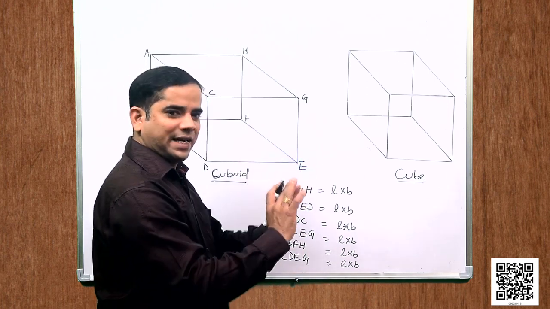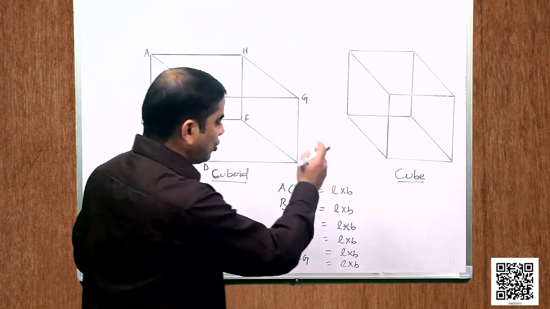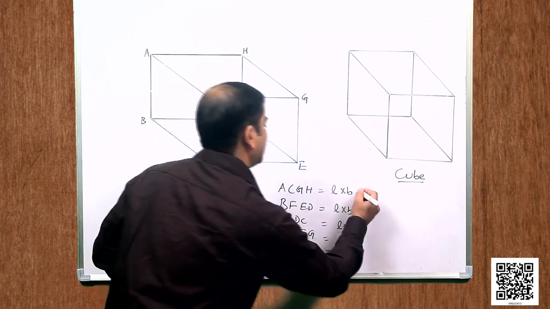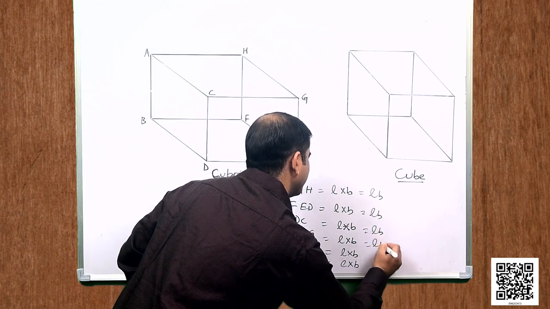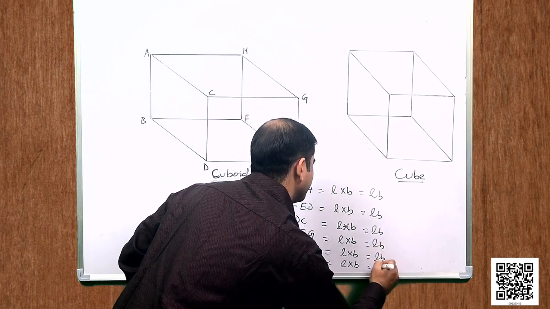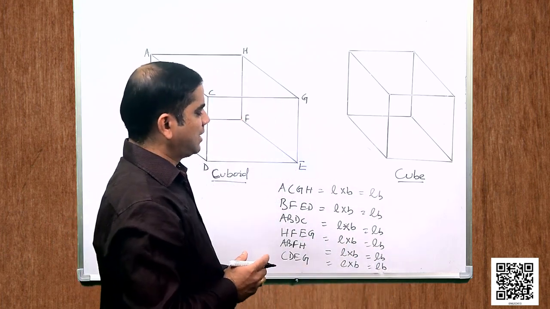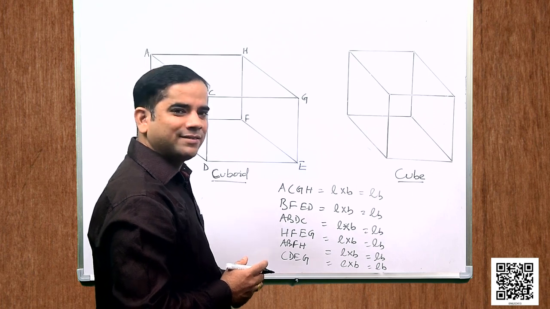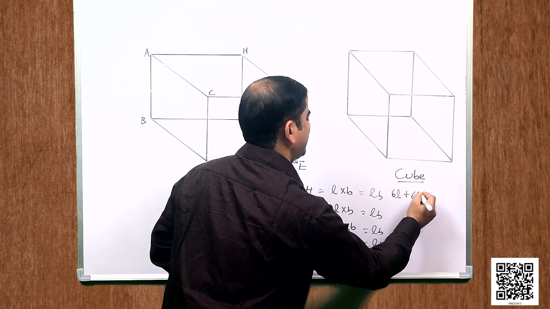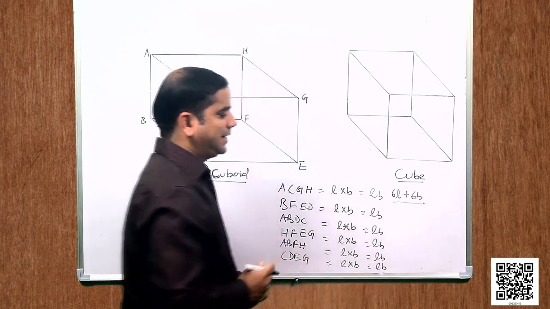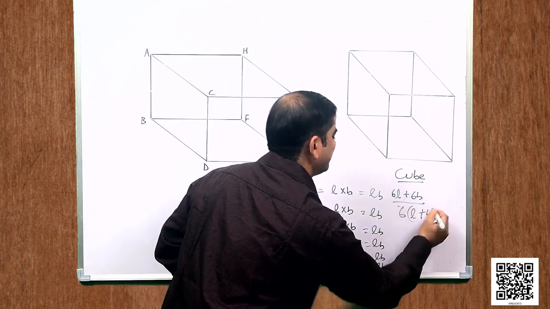So when I add all this, I have what? 6L plus 6B, isn't it?